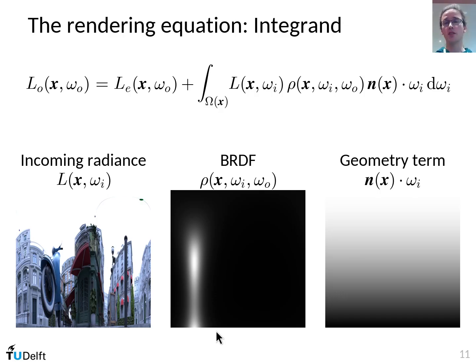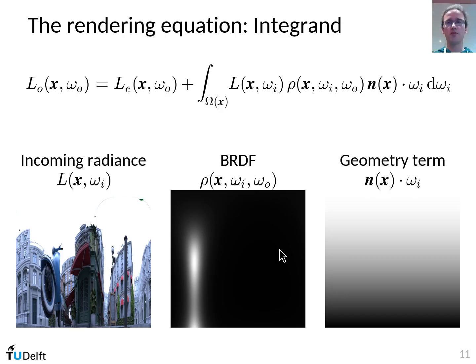So we may have a diffuse material where the BRDF is more or less constant, but what you see here is a glossy specular BRDF, and that means the light that's coming in from a certain cone of directions contributes to our reflected light much more strongly than light coming in from other directions, because our surface is like a rough mirror.